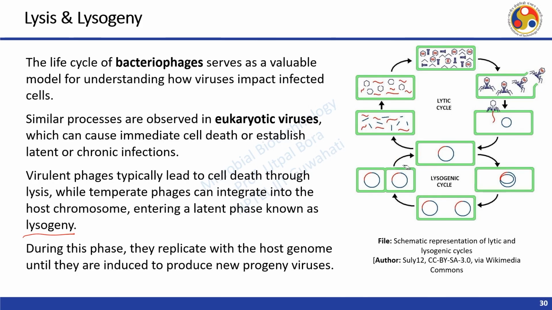So, this cycle can go on for quite a long time, but then finally the virus will undergo certain molecular events due to which the integrated viral genome, at a particular point of time, will get released through various mechanisms and also produce the proteins required for its packaging, and then it will enter the lytic cycle.